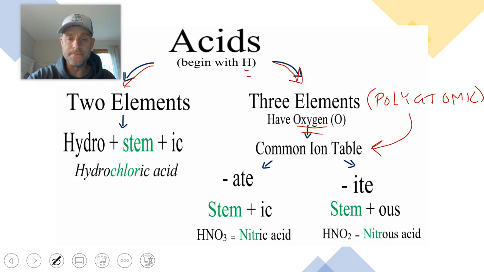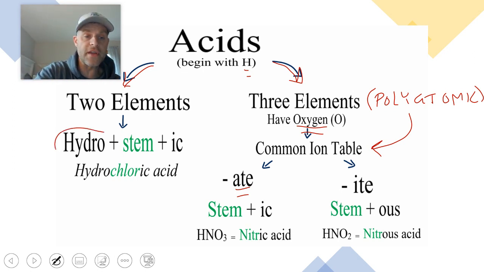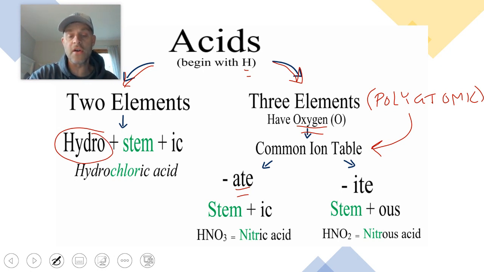Now, here's the deal. If that polyatomic ion ends in ate, that tells me how I'm going to name it. First of all, there is no hydro. Notice over here is hydro, but if there are 3 or more elements, I don't start with hydro. I jump right into the stem of the name.